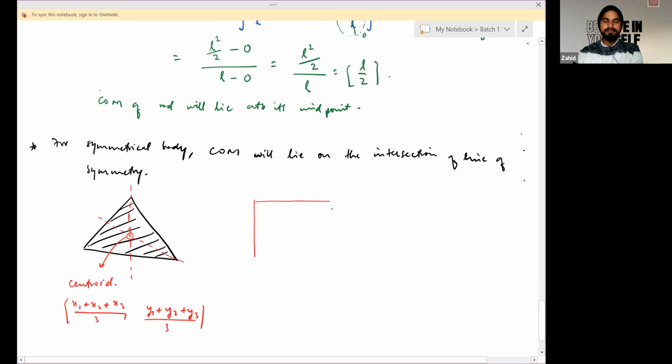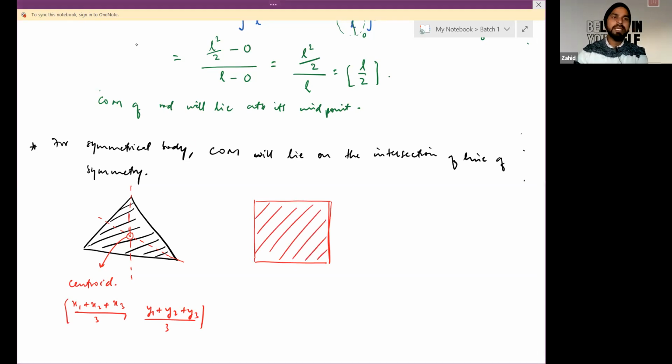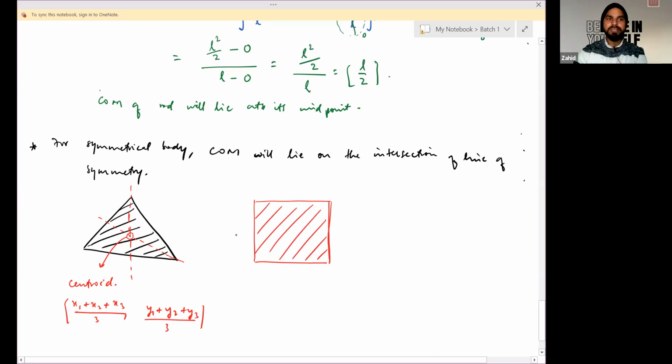Similarly, suppose you have a square. If you draw a line of symmetry, it will be along this direction, along this, or along its diagonal. All will intersect at this point, which will be the midpoint of the square.